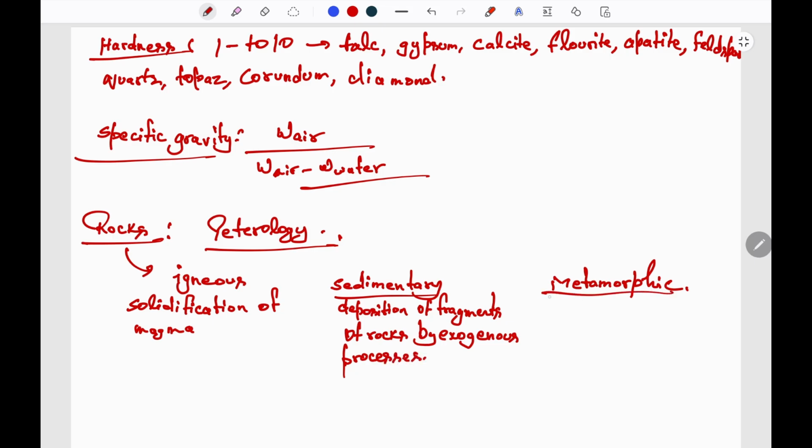In metamorphic, it is the result of recrystallization of existing rocks. Igneous rock, it is known as primary rock.